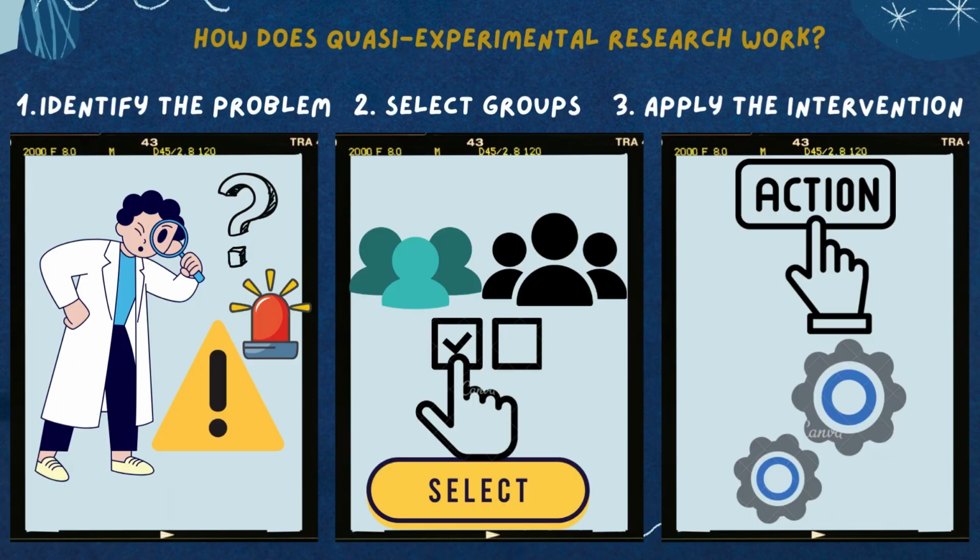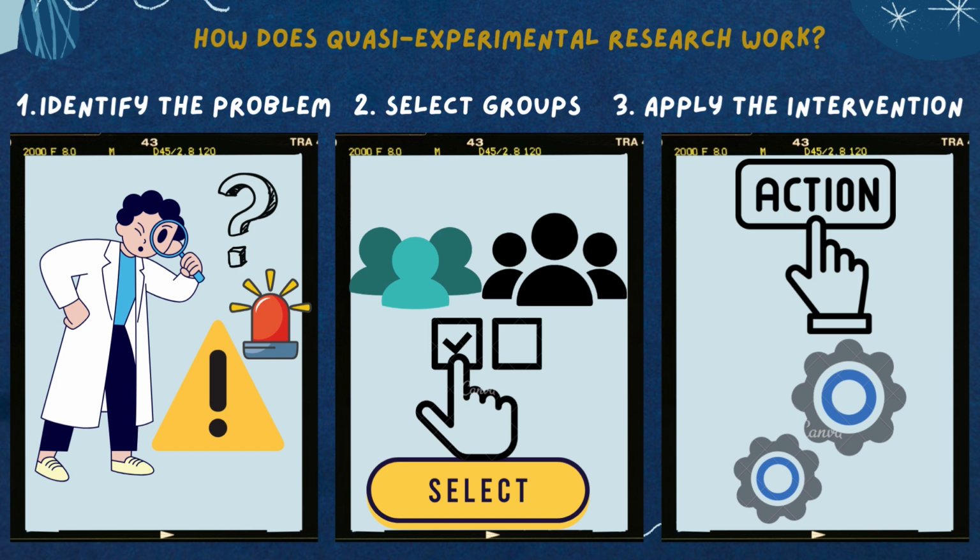Okay, now to understand how quasi-experimental research works, let's look at its application. The first step in any research is to clearly identify the problem or research question. This involves defining what we want to investigate and why it is important. For example, suppose we have observed that many high school students have difficulty learning English vocabulary.